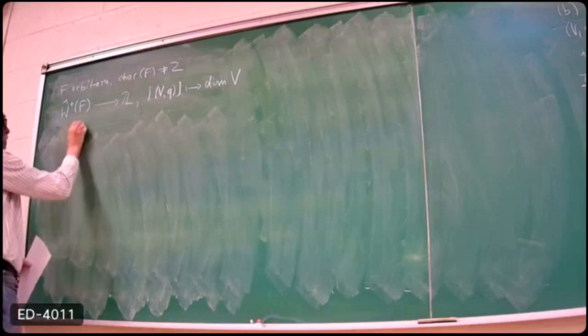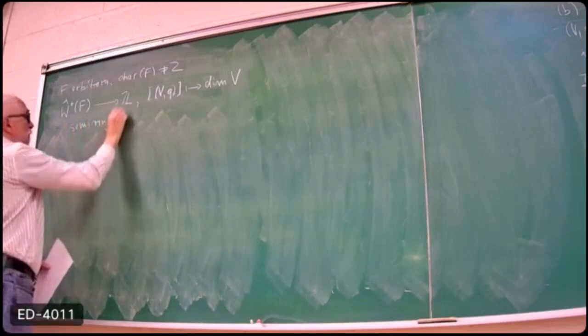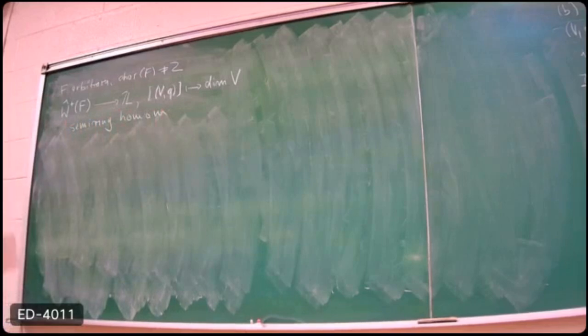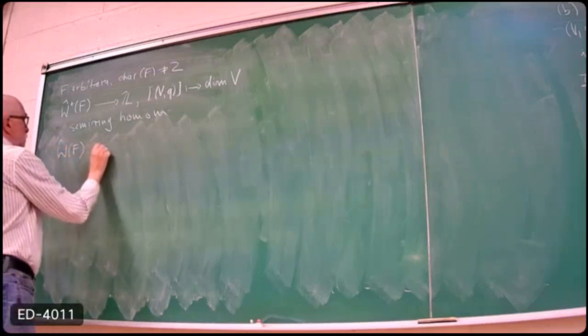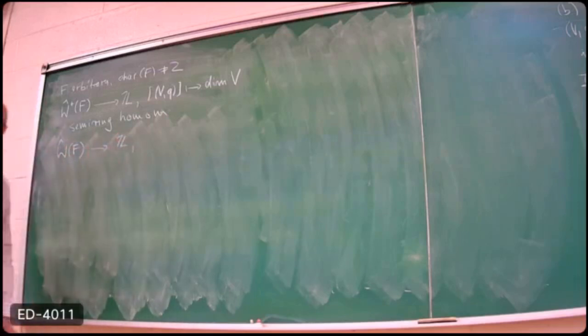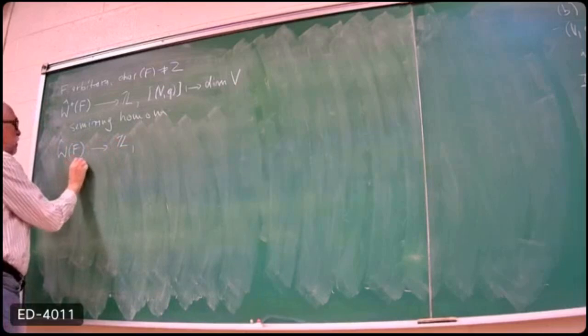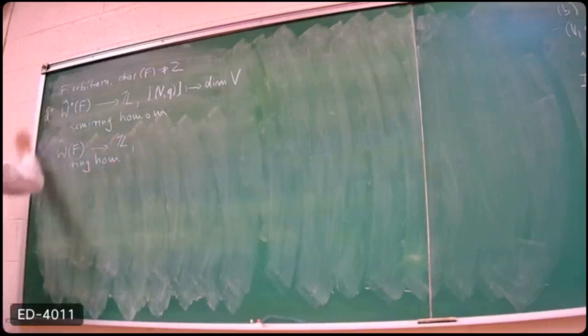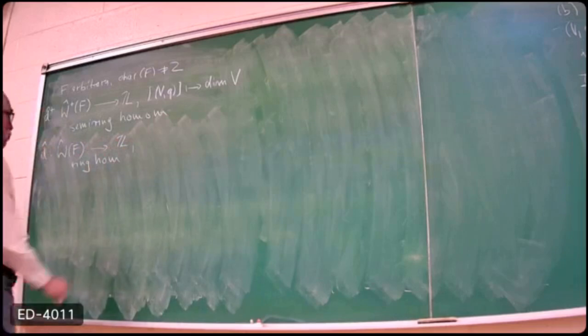So in other words, this is a semiring homomorphism, and therefore by the universal property of the Witt-Grothendieck ring, I now get a ring homomorphism. Let's call this e. Okay, so what does it do?